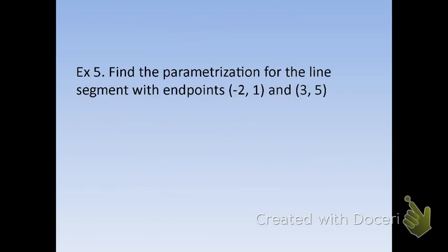Let's try that again. Find the parameterization for the line segment with endpoints -2, 1, and 3, 5. So I'm going to take a second and just graph that for me to see.